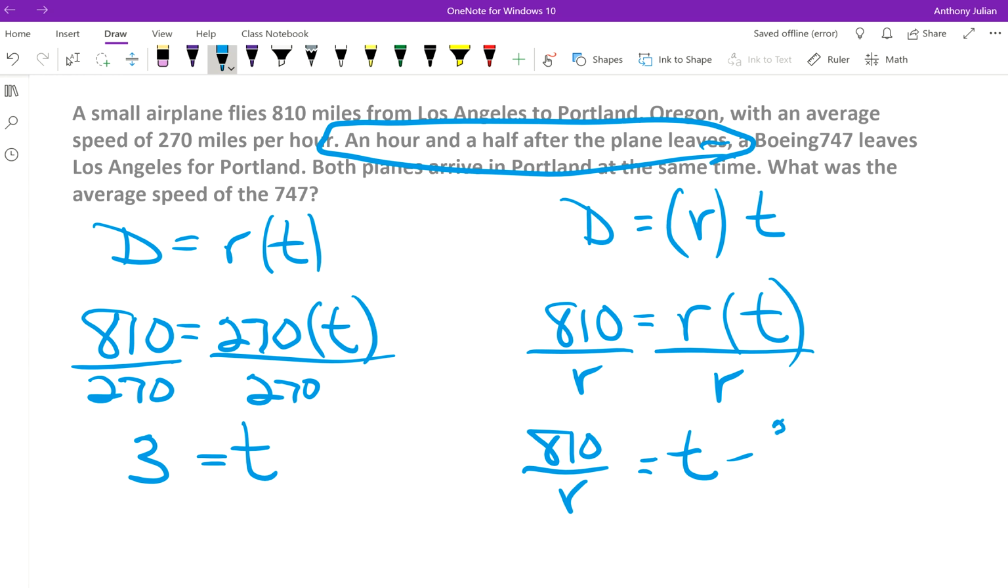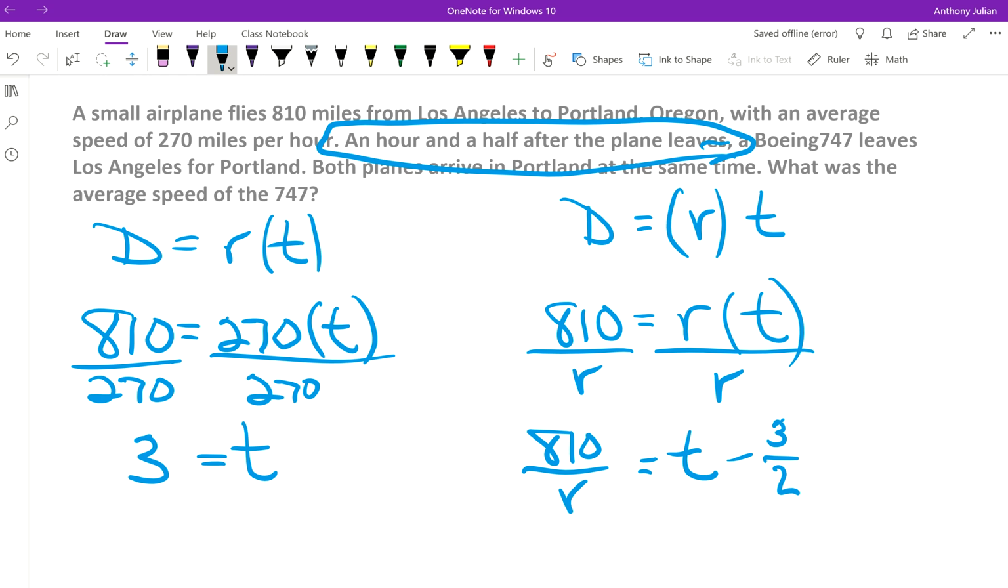So if I subtract 3/2, which is 1.5 hours, in this case, I'm going to use fractions. And then I could say, well, I could plug in, or I can just use it like this.